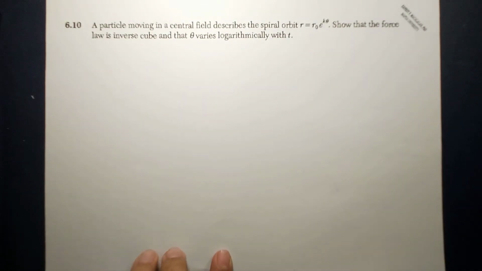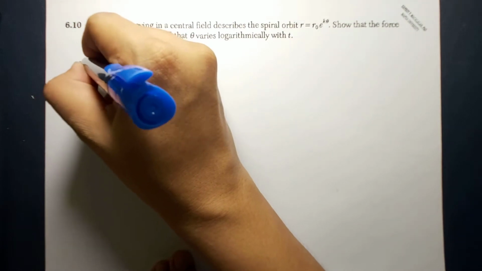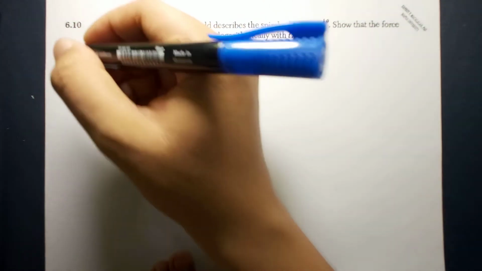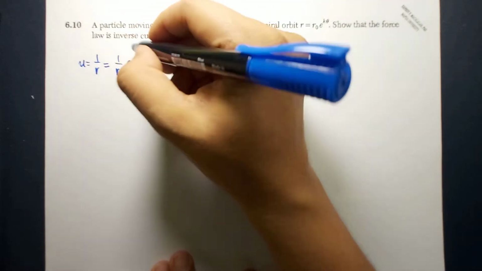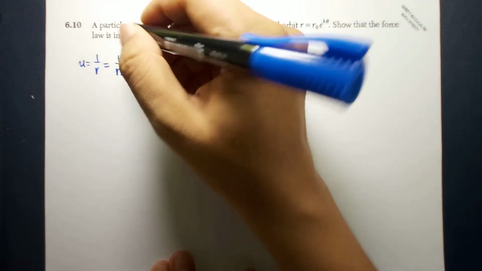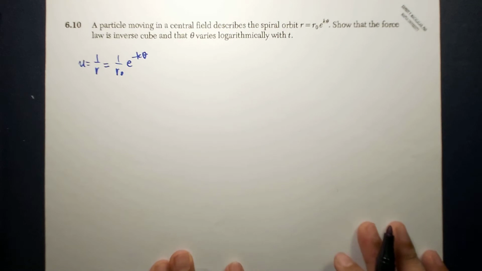Okay, so from our definition u, which is 1 over r, this is equal to 1 over r0 e to the negative kθ.